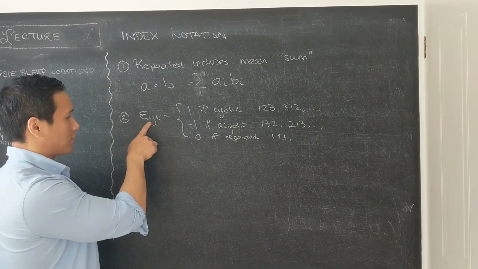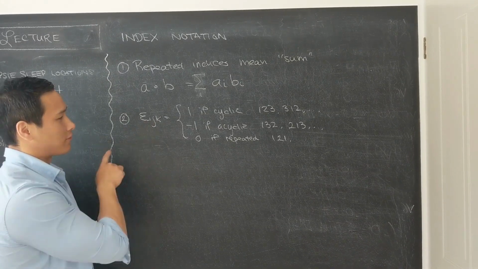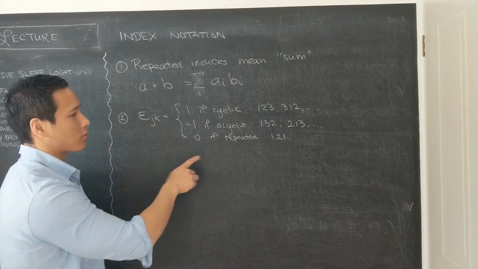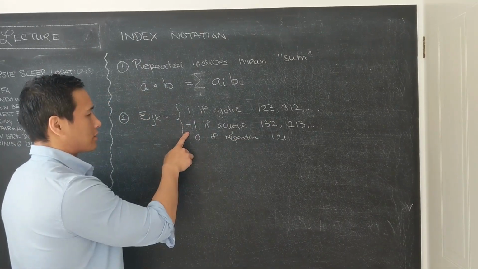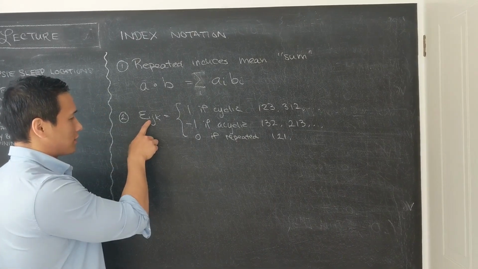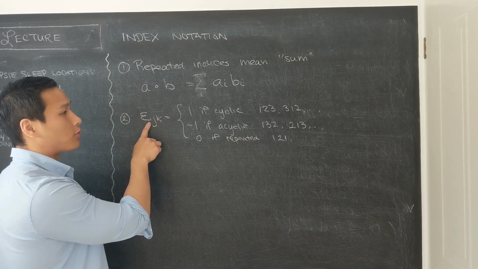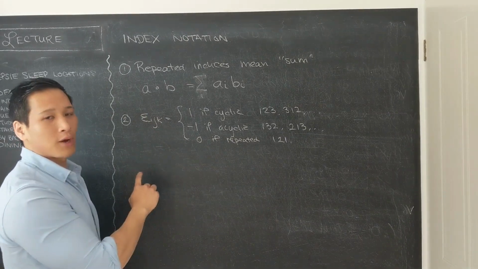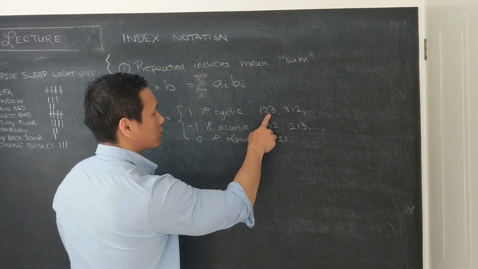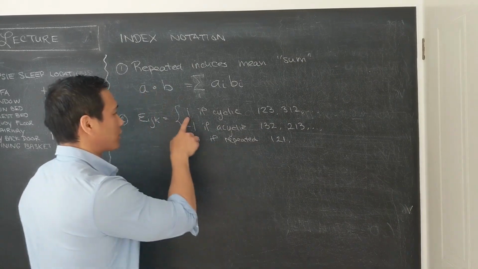So if you see epsilon ijk here, then this takes 3 possible values. It's either 1 if it's cyclic, 1, 2, 3, or 3, 1, 2. It's -1 if it's acyclic, or it's 0 if it's repeated. So in other words, you see 3 numbers that appear for the ijk here, and if you read the numbers in the order from left to right, if they're occurring in the order 1, 2, 3, or 2, 3, 1, and so forth, then it's 1.